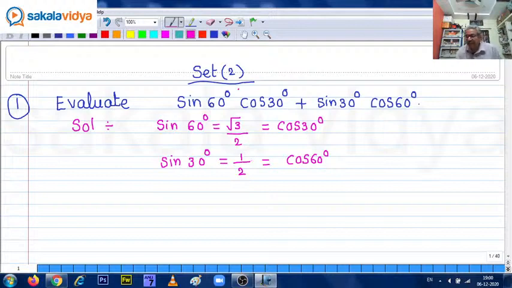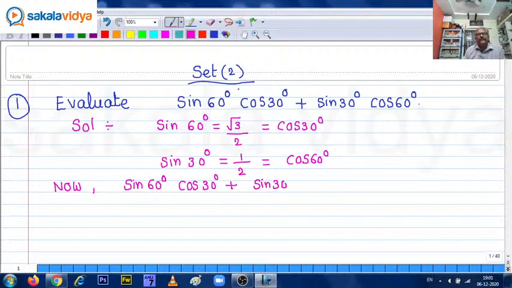Very good. So now sine 60 degrees multiplied by cos 30 plus sine 30 degrees multiplied by cos 60 degrees.